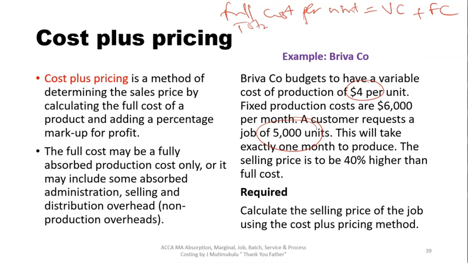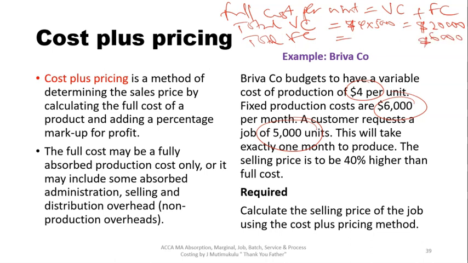So total variable cost should be $4 per unit multiplied by 5,000 units, which is $20,000. And we are also told that the total fixed costs are 6,000. So the full cost should equal $26,000. That's the full cost.